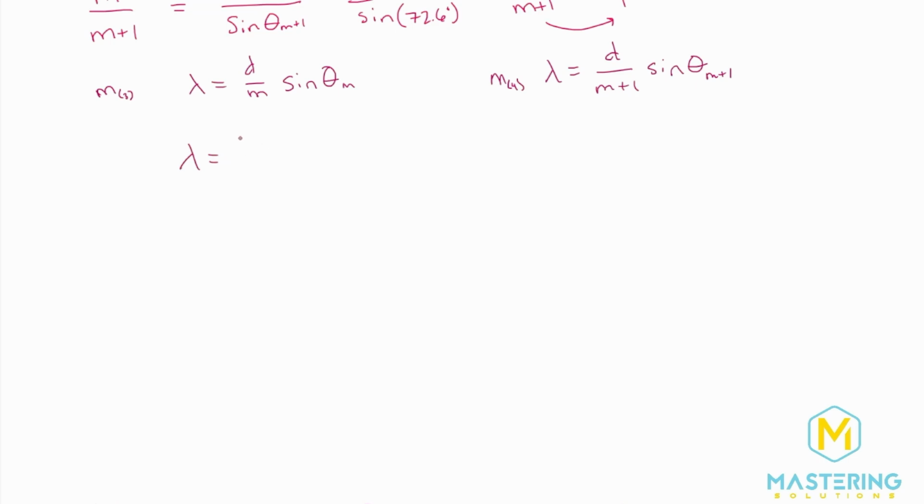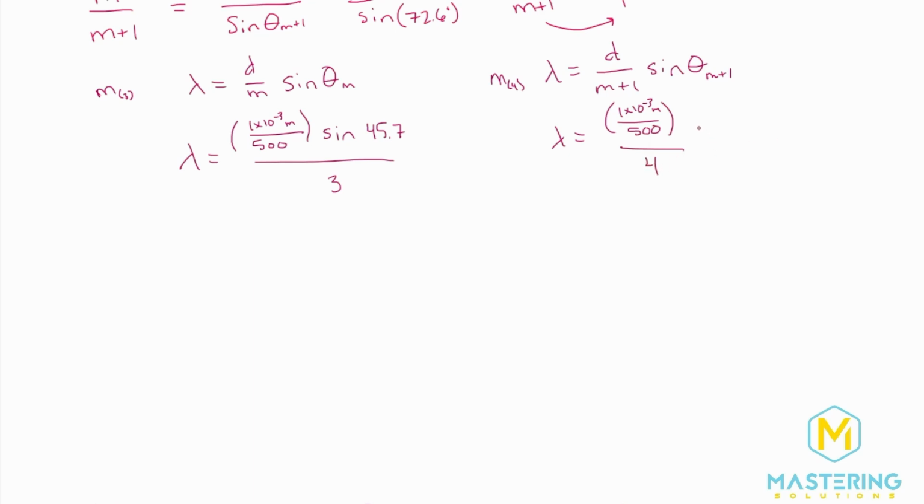Lambda is equal to d, which we said was 1 times 10 to the negative 3 meters over the 500 slits, times the sine of the angle, which we said was 45.7, all divided by 3. If you write it like this, it's the same thing. Don't get confused just because I wrote it this way. This one is the same thing, only in this case we have the same d, 1 times 10 to the negative 3 meters over 500 slits, divided by m plus 1, which is 4.